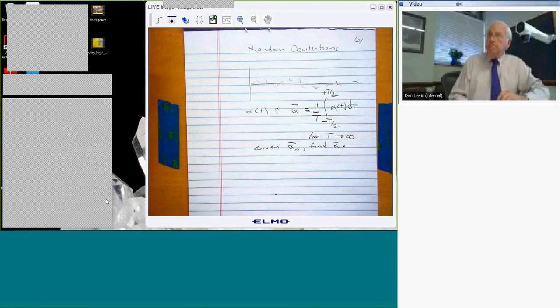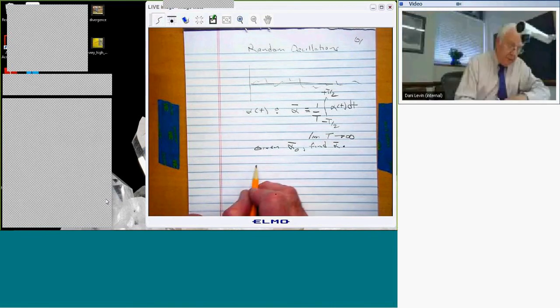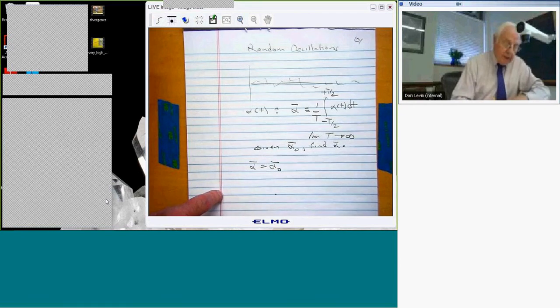Okay? And we can do that. And what you will find is that the mean of alpha is the mean of alpha naught times the transfer function from the two.